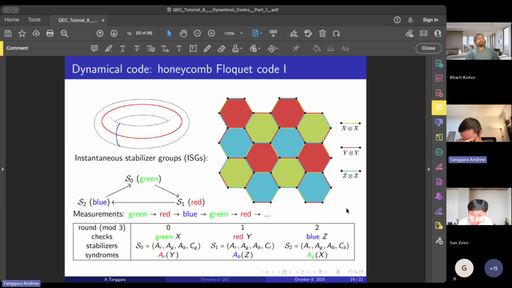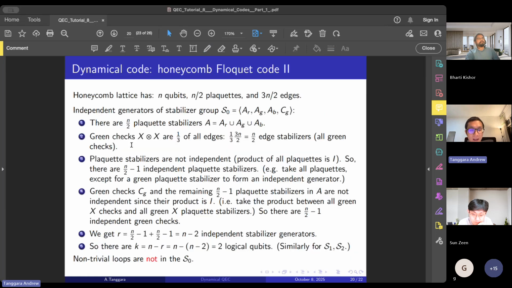Now I've told you that this actually encodes 2 logical qubits, and we're going to see why. It's going to take quite a few steps. I'm kind of running out of time, but the idea is pretty much similar. If you recall, if we have n qubits in this honeycomb lattice, we have n over 2 plaquettes and 3n over 2 edges.